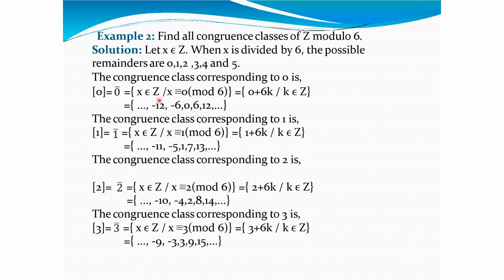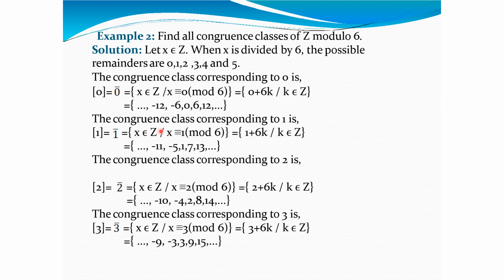Now to find the congruence class corresponding to 0, again similar to the previous example, it is {x in Z such that x is congruent to 0 modulo 6}. It means 6 divides x minus 0. So x is equal to 6k. By taking different values of k, we get the congruence class 0, 6, 12, minus 6, minus 12 and so on.